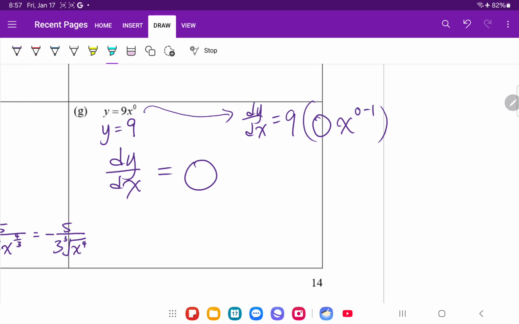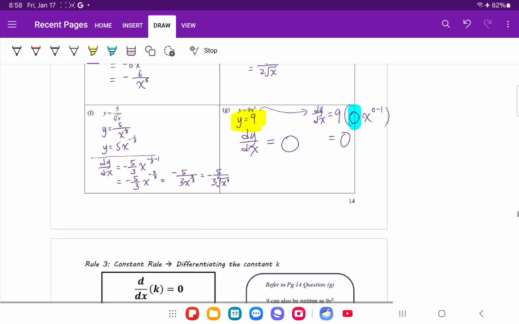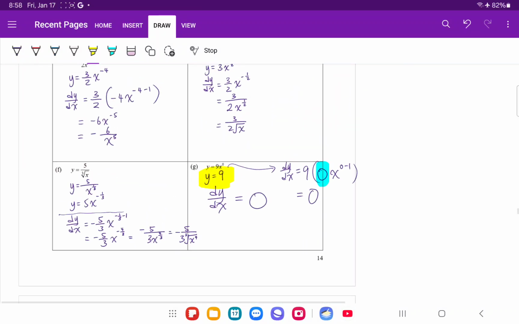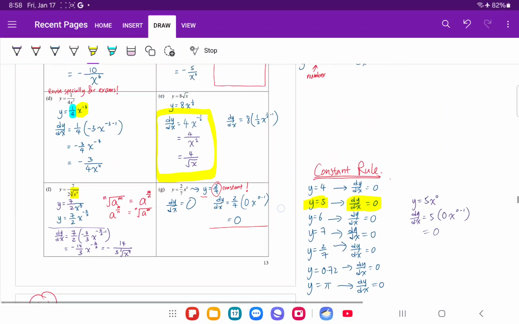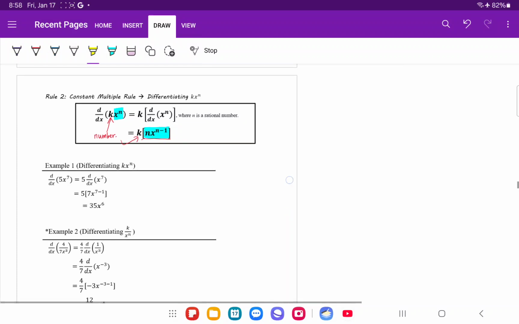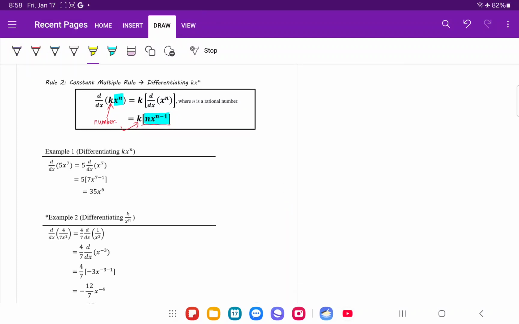But remember, the moment there's a 0, this 0 will multiply everything to give a 0. So you can actually memorize this and the result is just 0. In other words, when y equals a constant number without the x, you perform the dy dx, the result must be 0. Okay, with that, we are done with rule 2, and that is the constant multiple rule.